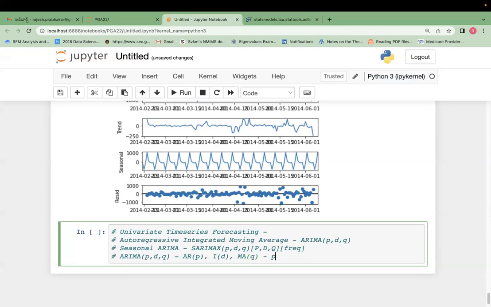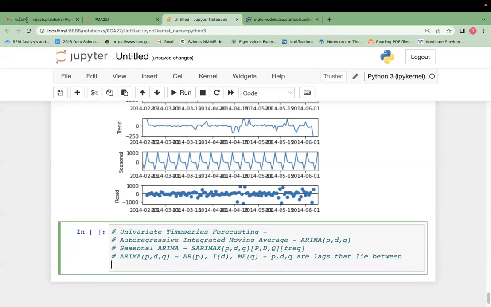Basically, PDQ are lags that generally lie between (0, 0, 0) and (5, 2, 5).